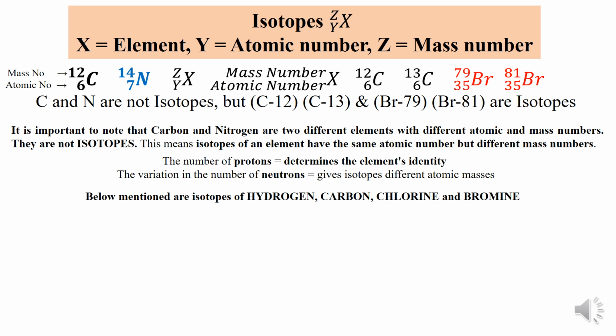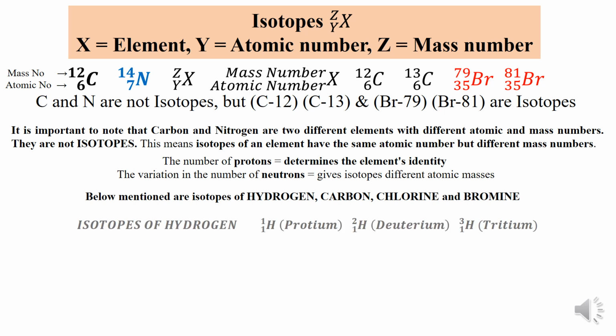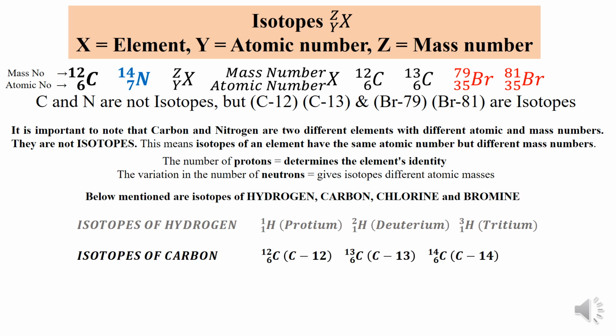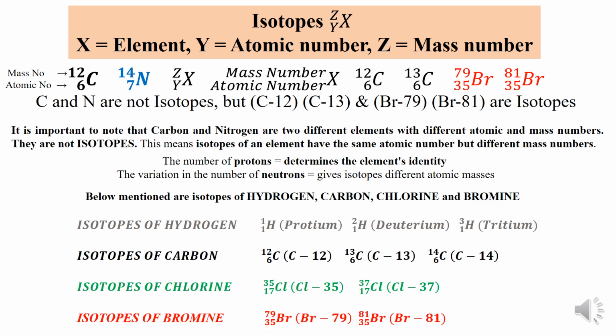So here are the examples of some of the isotopes of elements that you can find in the periodic table. Isotopes of hydrogen: protium, deuterium and tritium. Isotopes of carbon: C12, C13 and C14. Isotopes of chlorine: chlorine 35 and 37. Isotopes of bromine: bromine 79 and 81.